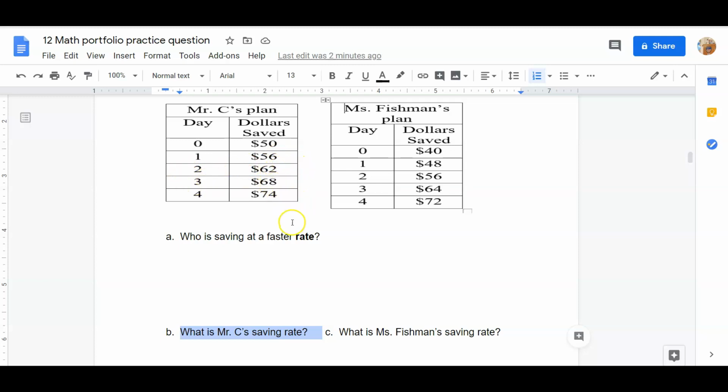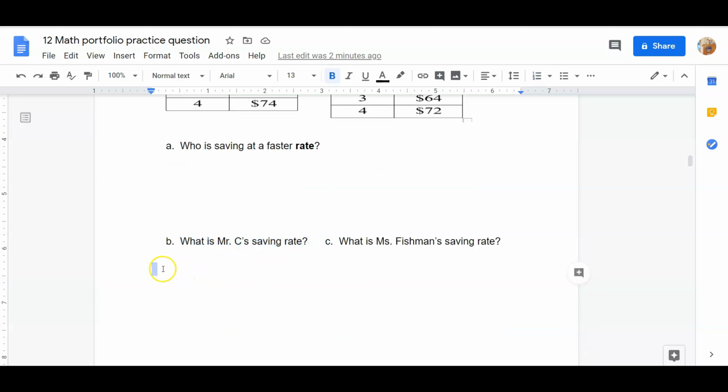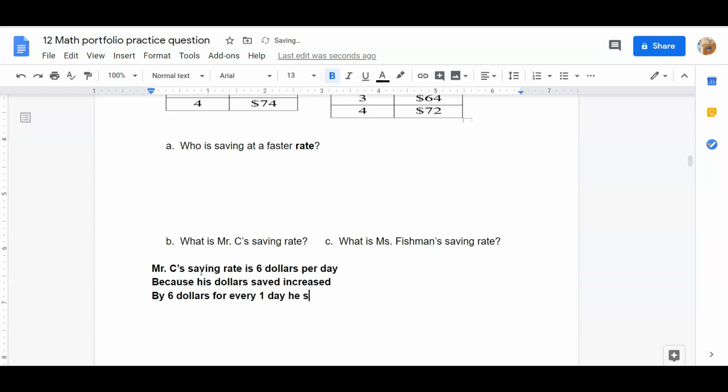And the pattern continues. So when you answer the question, what is Mr. C's saving rate? Mr. C's saving rate is $6 per day because his dollars saved increased by $6 for every one day he saved.